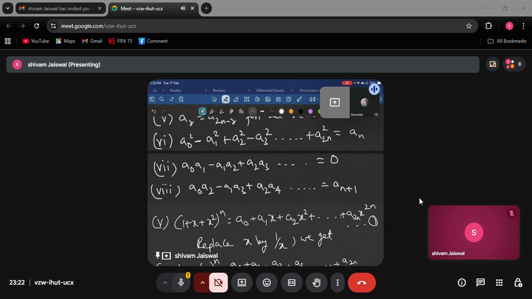Part 6 is very easy. a0 square minus a1 square. What else you need? You have to think, how are we getting a0 square minus a1 square?